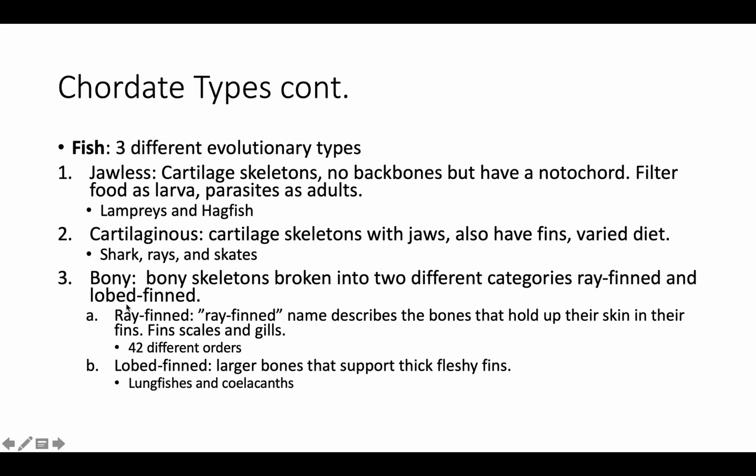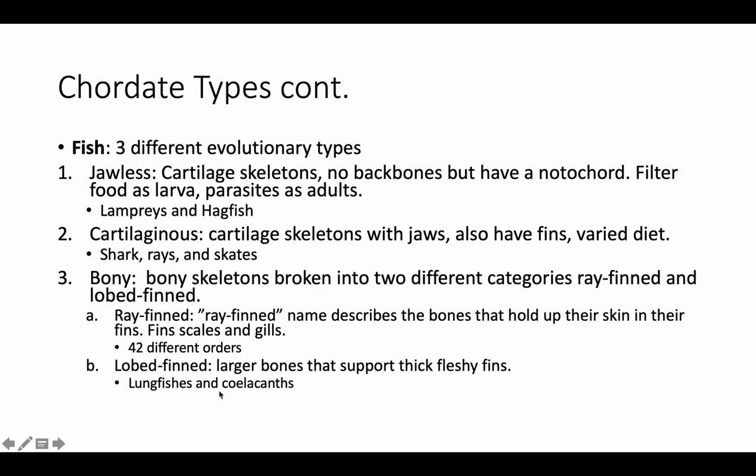And then you have your more common bony fish. That's if you were to go to the lake and go fishing, that's pretty much what you're trying to catch. There you have ray fin versus lobed fin. Ray fin, the name describes the bones that hold up the skin in their fins. Lobed fins are larger bones that support more thick, fleshy fins.